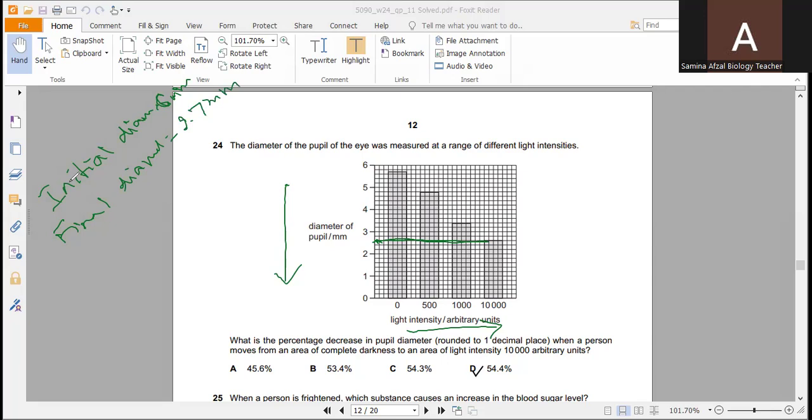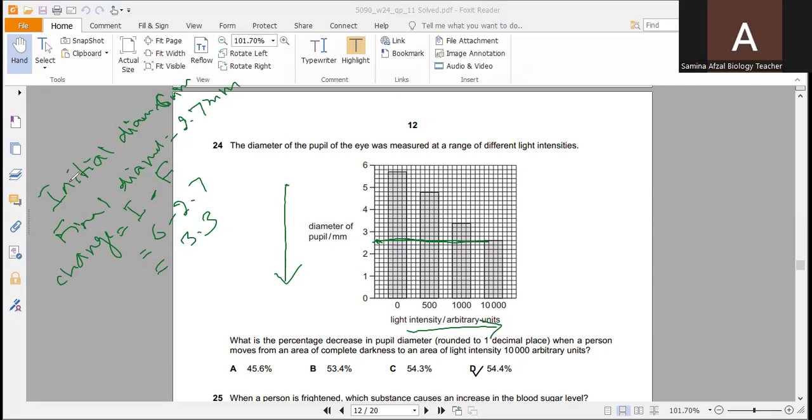So we have to find the change in diameter. Initial minus final diameter: 6 minus 2.7 is equal to 3.3.